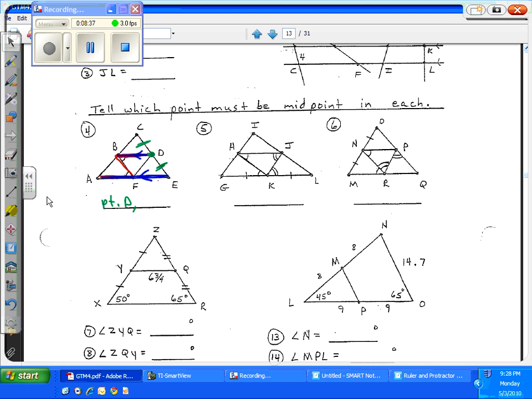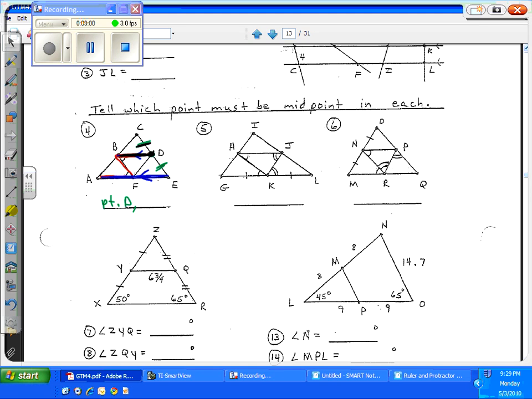What we're going to have to do is use the theorem that says if a segment hits the midpoint of one side of a triangle and is parallel to the third side, then it must hit the midpoint of the other side. Now, right now we're going to have segment BD in question.